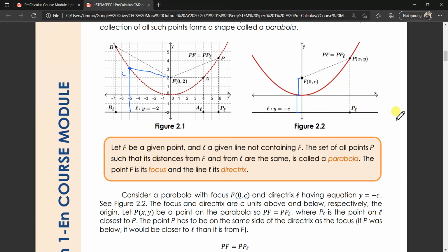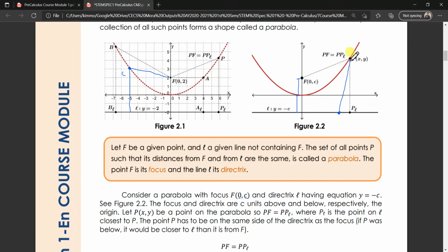So the point P has to be on the same side of the directrix as the focus. If P was below, it would be closer to our directrix than it is to our F, right? So if P is on the right side, the point on the line should be directly below it. This is the closest point to L. We can also draw a line going here, but this line is not the closest distance we can get from our point P going to our line.